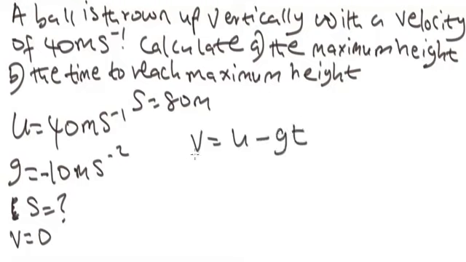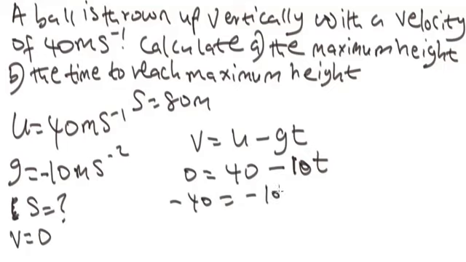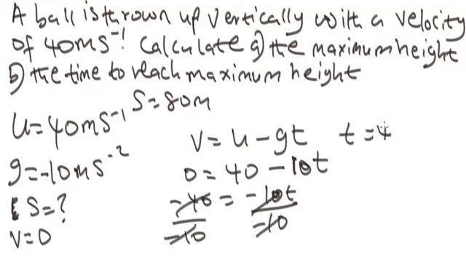When you substitute, our v is 0, so 0 equals 40 minus g, which is 10, times t. Now we make t the subject of the formula: minus 40 equals minus 10t. Divide both sides by minus 10. Therefore, our t will be 4 seconds. This is the answer for this question.